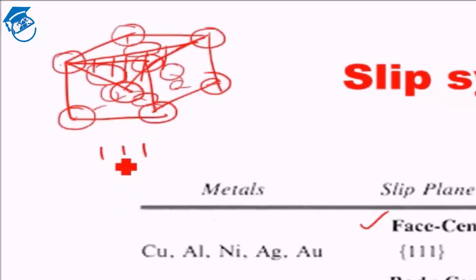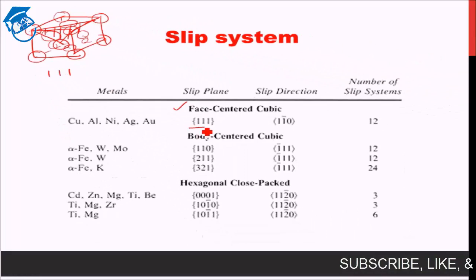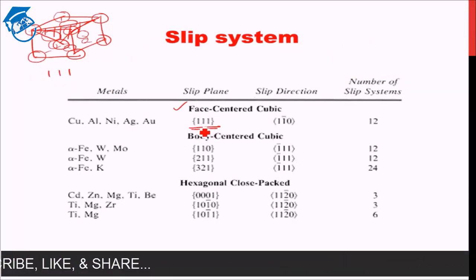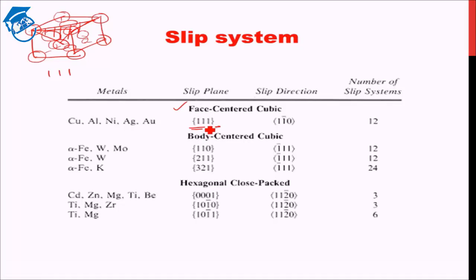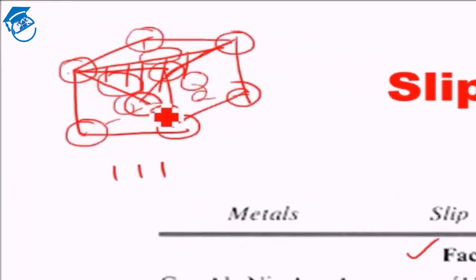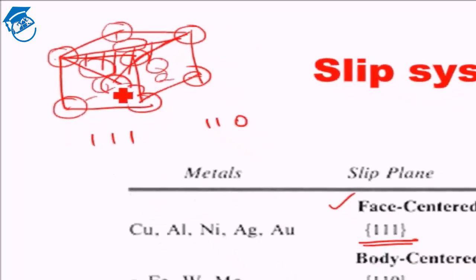So the family of 111 planes will be the slip planes for face centered cubic, because the atoms are closely packed in that plane. And even in that plane, this direction, that is the face diagonal, that will be 110, is the close packed direction, that is the atoms are touching each other in that direction.